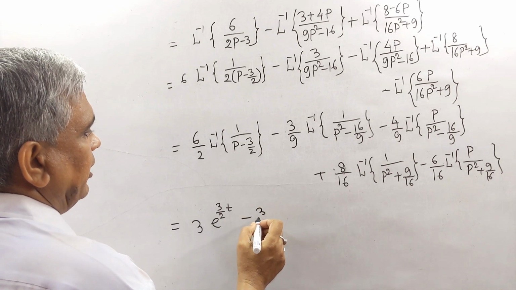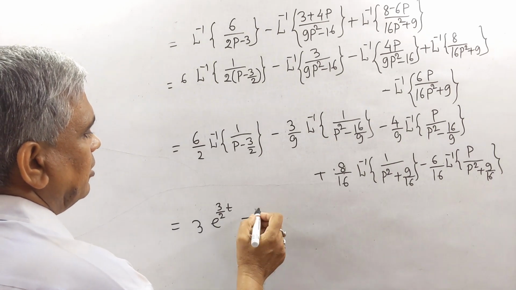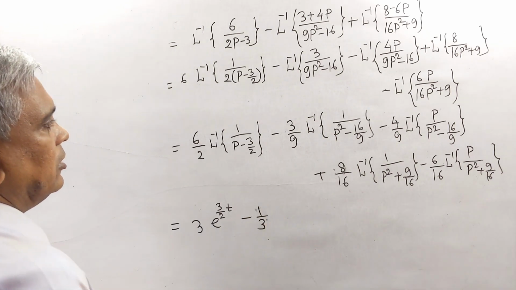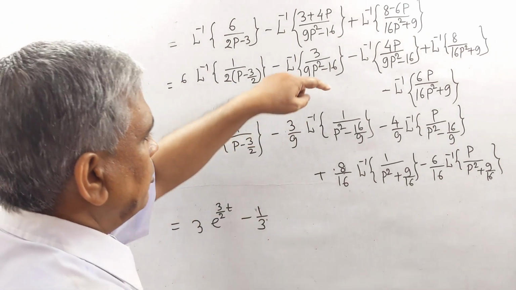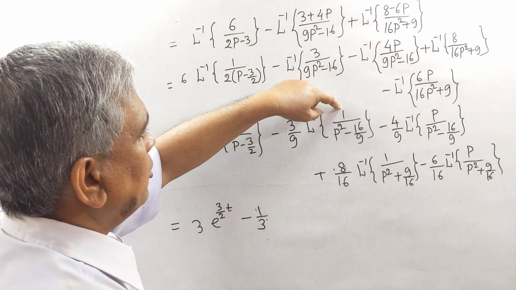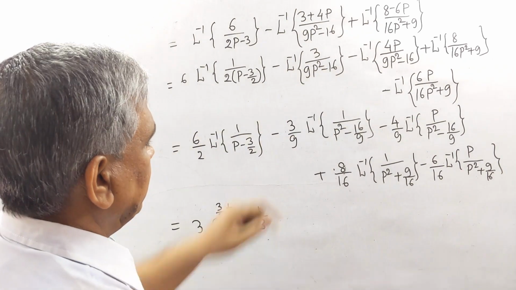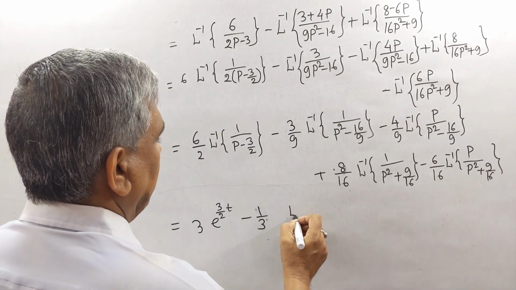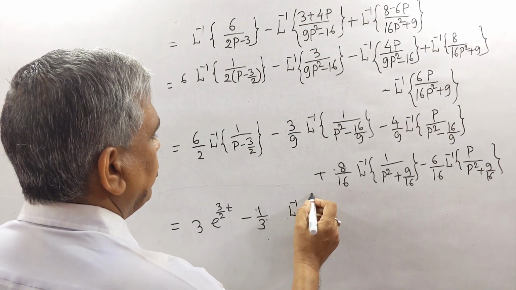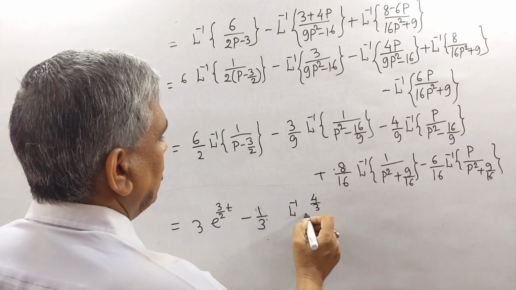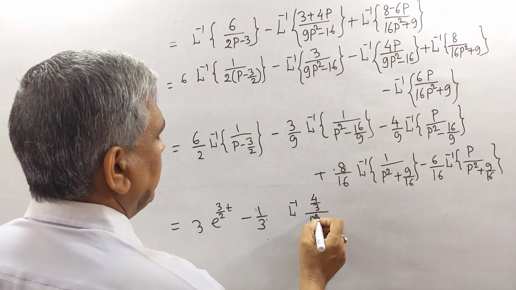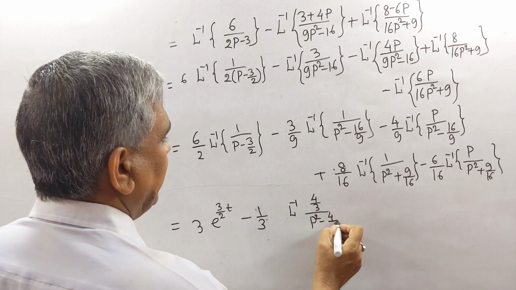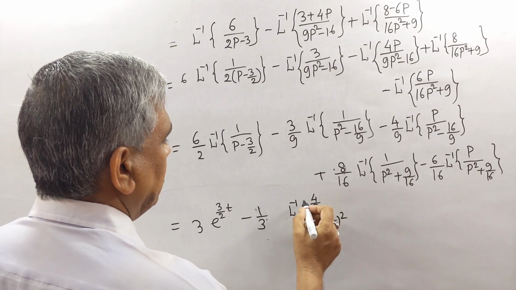Minus 3 by 9 is 1 by 3. Here we need 4 by 3: L inverse 4 by 3 by p square minus 4 by 3 whole square.